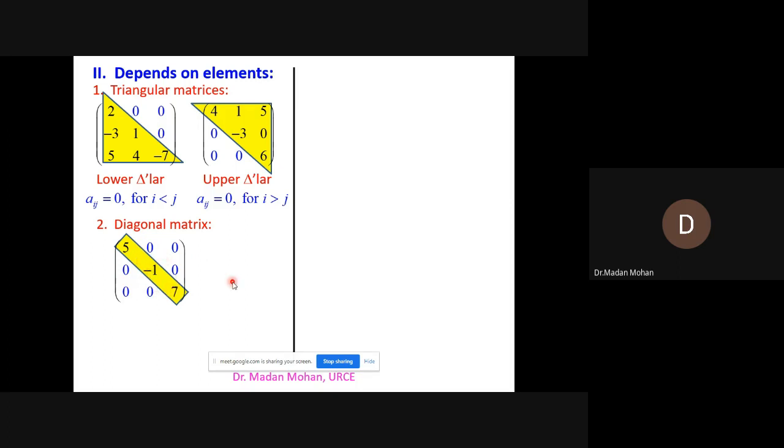Next, scalar matrix means it is a diagonal matrix in which the diagonal elements remain the same element, because it can be written as 4 times the unity matrix. Next, suppose this element is 1, we call it a unit or identity matrix.